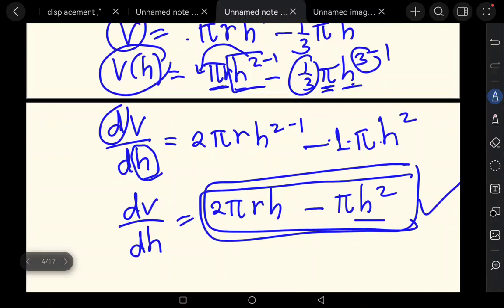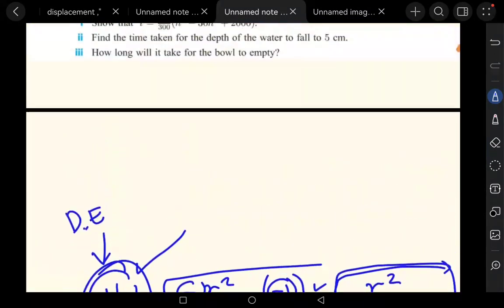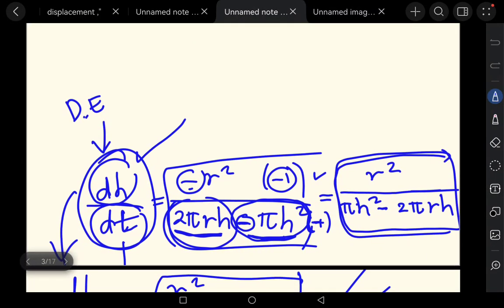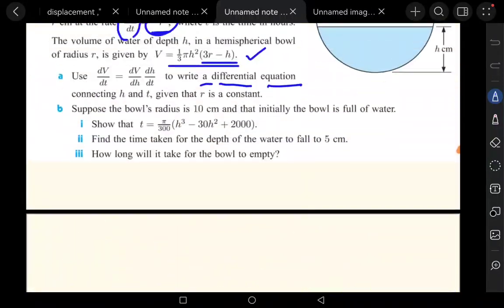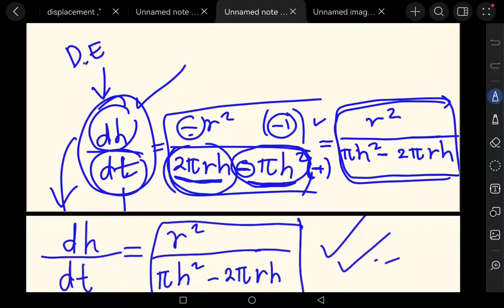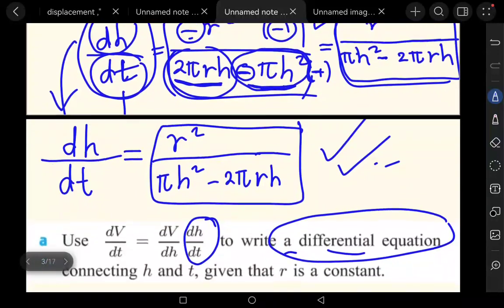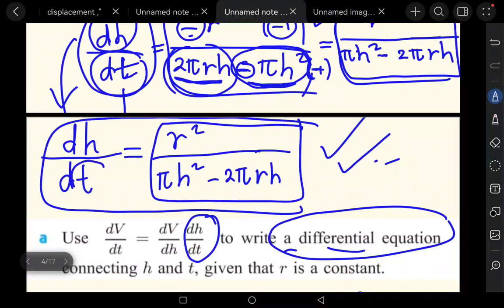Hold on, I did, right? dh over dt already, it's already a differential equation. Okay, now I'm going to use this to find the time.